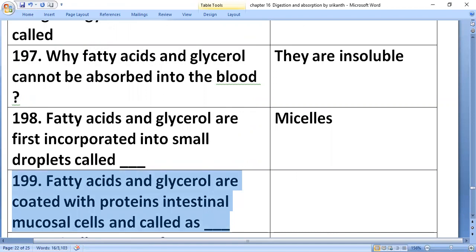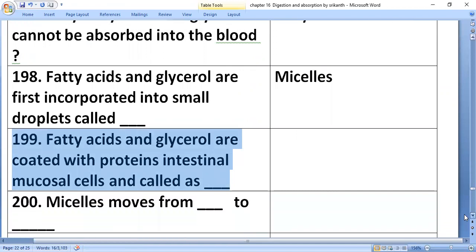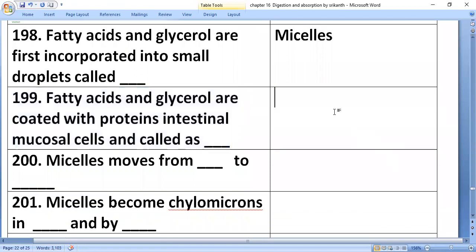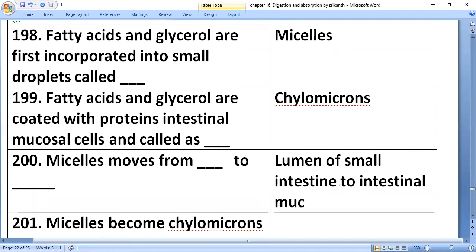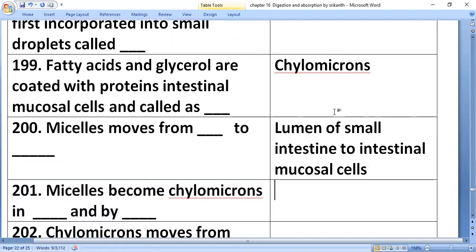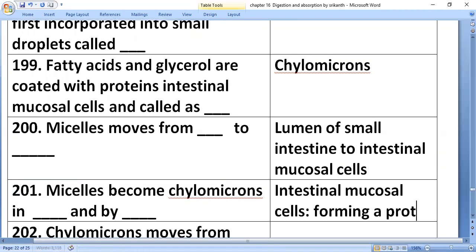Micelles move from the lumen of the small intestine to the intestinal mucosal cells. Micelles become chylomicrons in the intestinal mucosal cells, forming a protein coat. Fatty acids and glycerol coated with proteins in the intestinal mucosal cells are called chylomicrons.